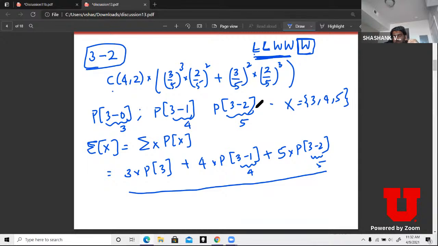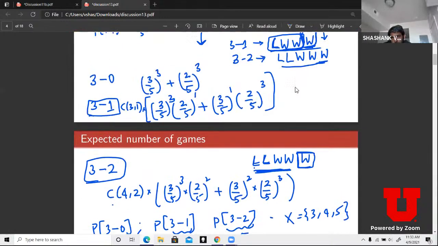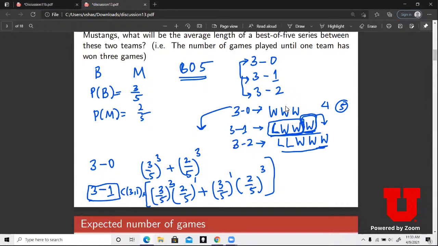Do you guys have any other questions about this? I've got a quick question. When you have the 3-1 case, if you scroll up a little bit, why did you choose 3,1 and not 3,2? Did you choose the losing team? If you choose the 2 winning spots, how does that change the equation?